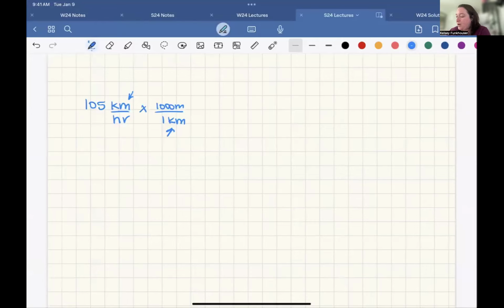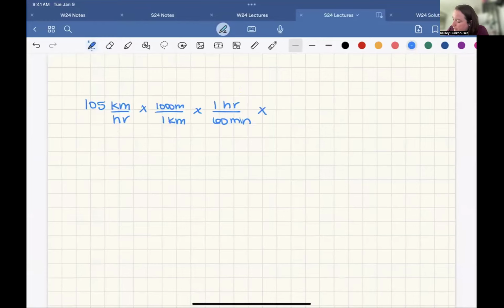Then now we can do this all in one go. So the next thing to convert would be from hours to minutes. So 1 hour is 60 minutes. So now I put it on the top because hours are on the bottom here, and I need those to cancel.